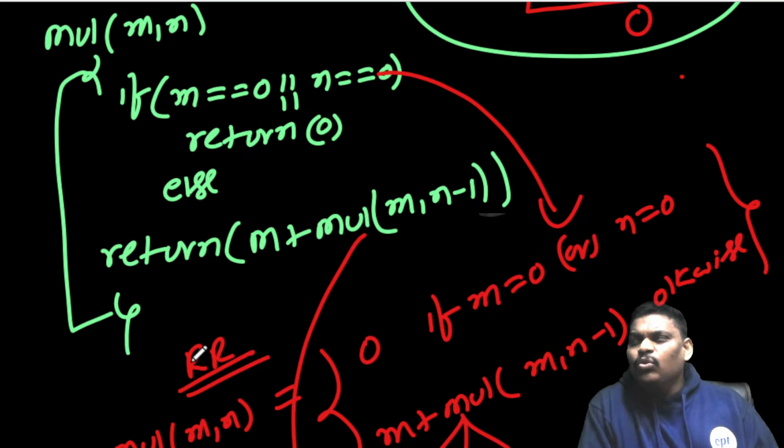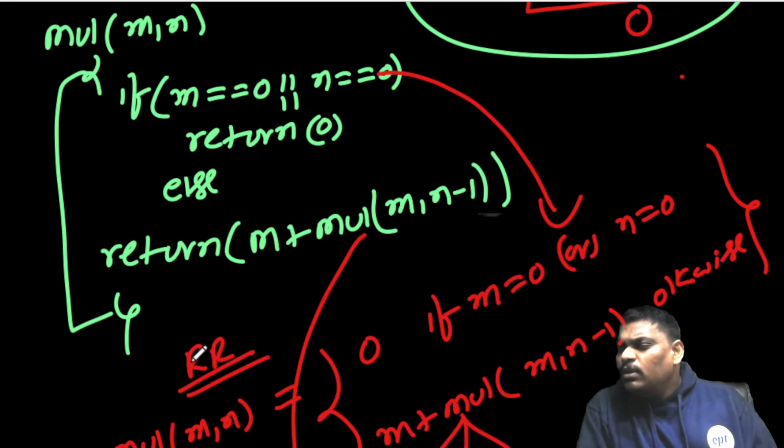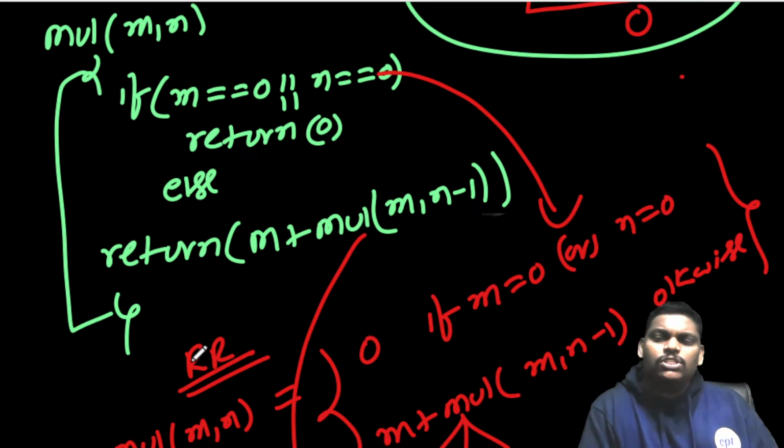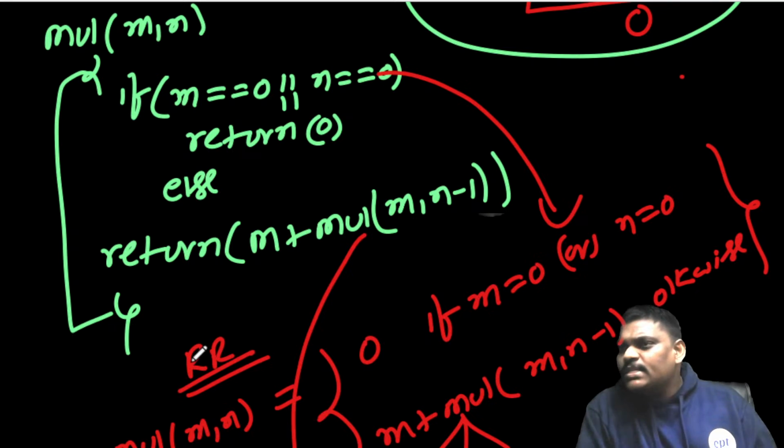If you stop at 1, return m, since m into 1 is m. If you stop at 0, return 0, since m into 0 is 0. Wherever you want, you can stop.